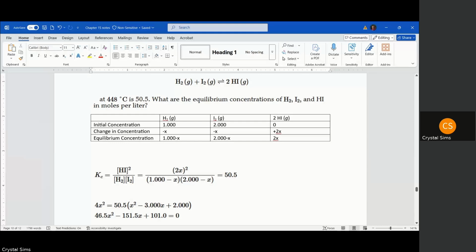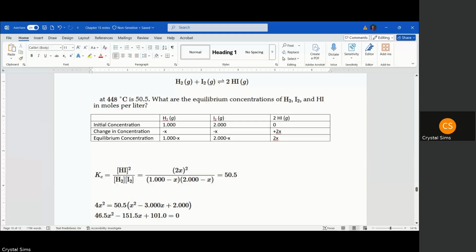X plus X is 2x. So our change in concentration is going to decrease for our reactants, hydrogen gas and iodine gas, and it's going to increase by the same amount. Because remember, we're not losing any mass here. So X plus X is equal to 2X.